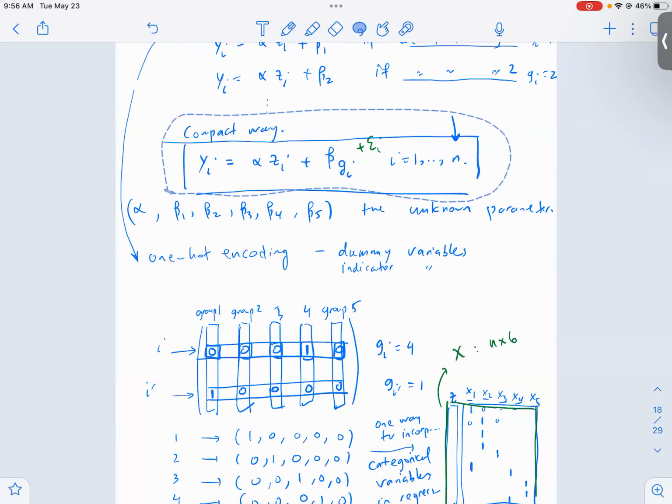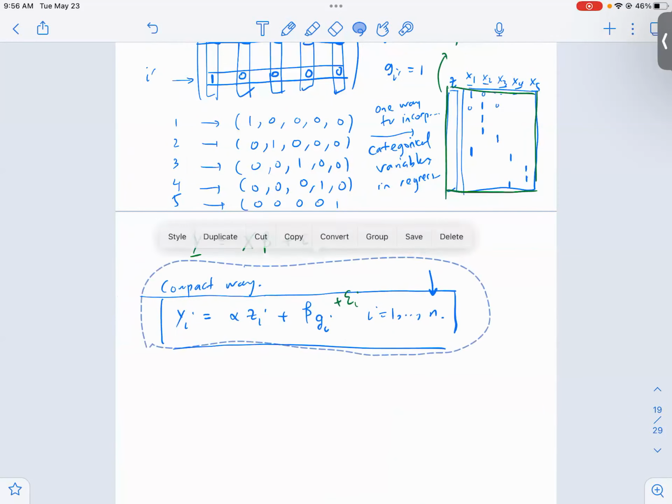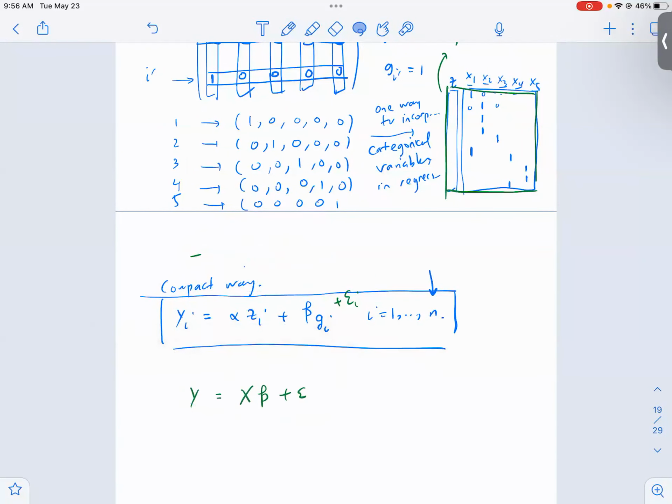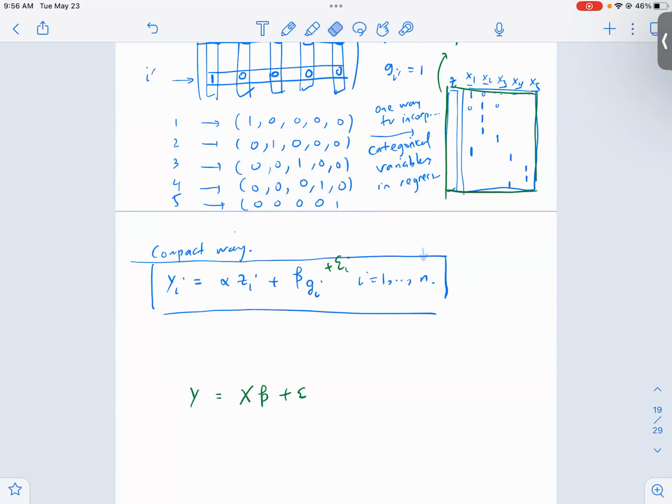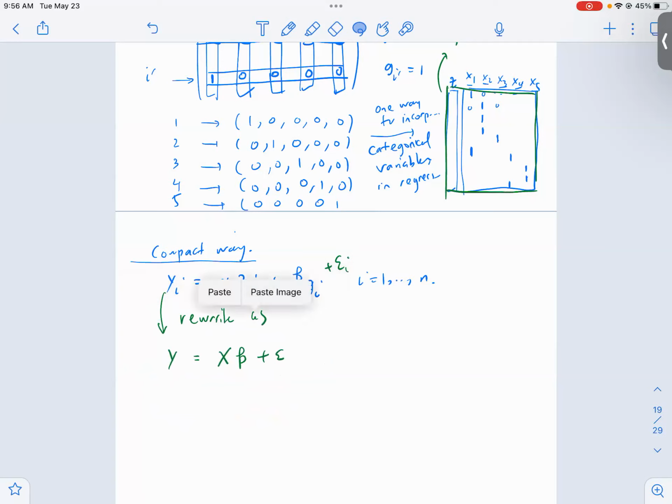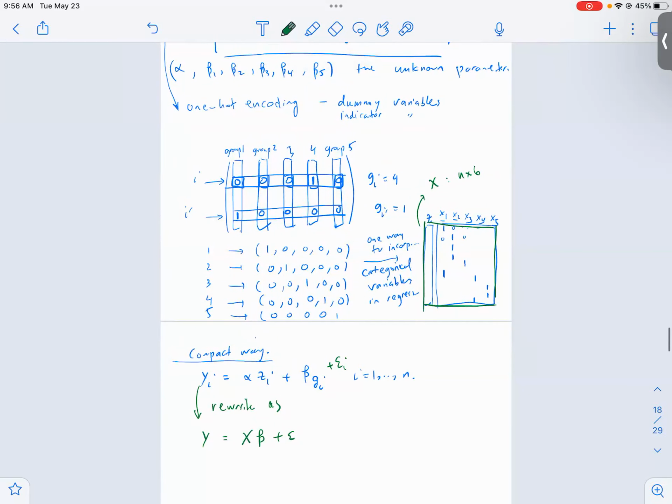So I'm going to rewrite this model as this, where X is that matrix above. How can we do this?